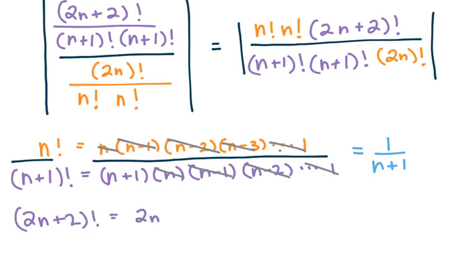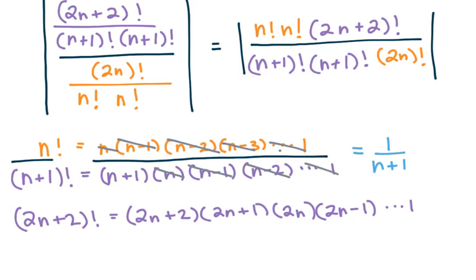So that's 2n plus 2, take away 1, 2n plus 1, take away 1, 2n, take away 1, 2n minus 1, multiplying all the way down to where we multiply by a 1.